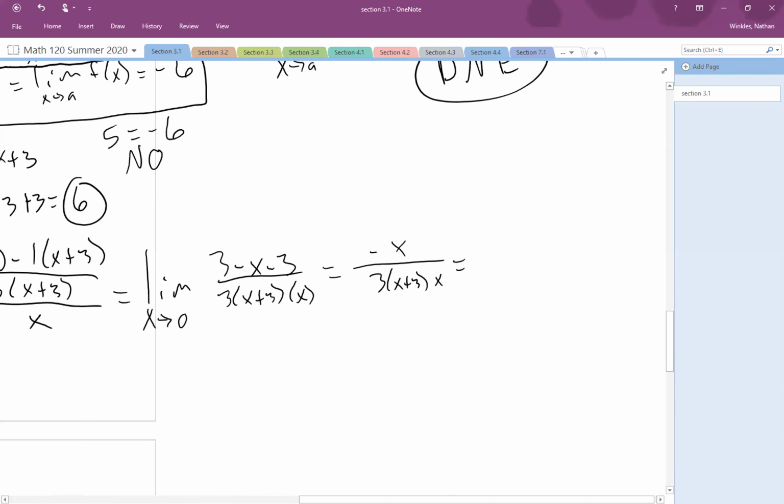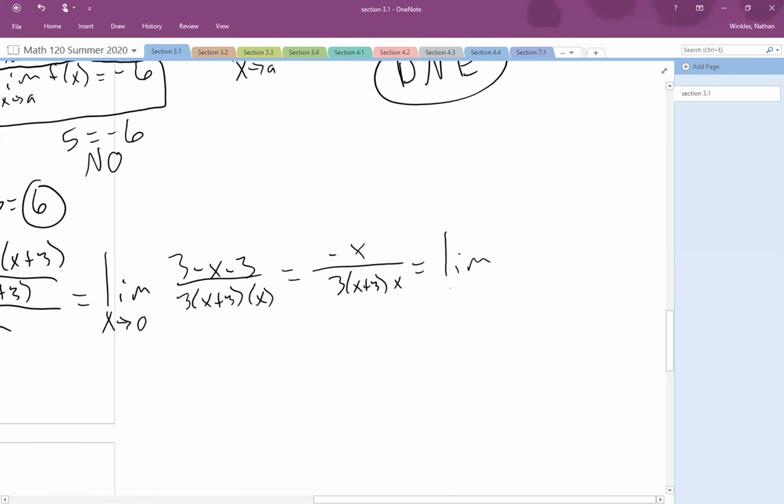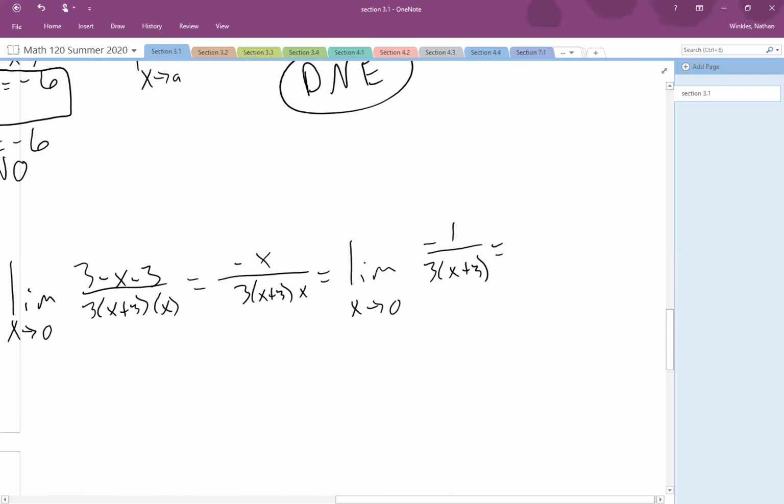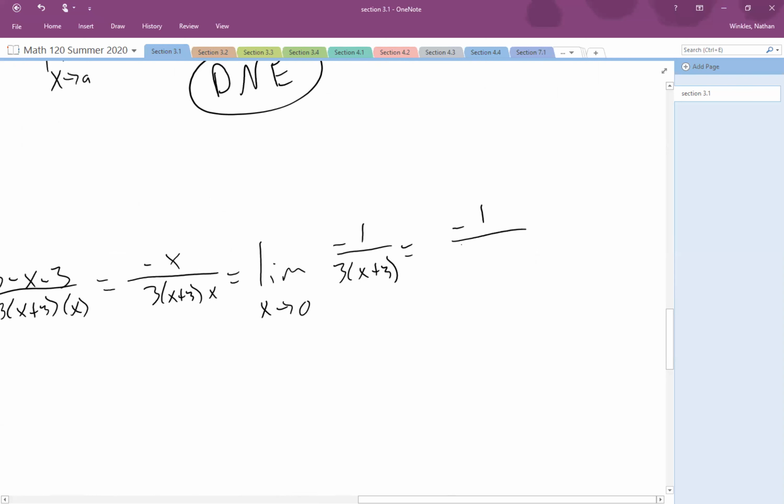The x's cancel out, so we're left with the limit as x goes to 0 of minus 1 over 3 times x plus 3. Now we can plug in 0. Negative 1 over 3 times 0 plus 3 gives me negative 1/9 as my answer.